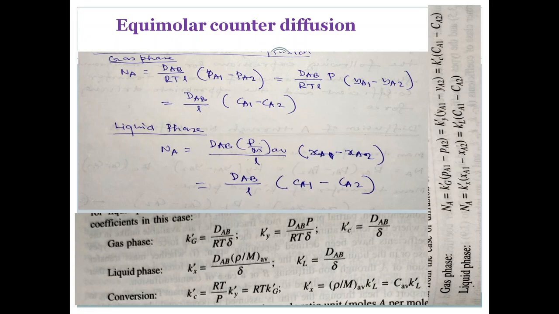So there are 5 mass transfer coefficients for diffusion of A through non-diffusing B, and another 5 mass transfer coefficients for equimolar counter diffusion. These are the expressions, and depending on your problem, you have to select the correct mass transfer coefficient.